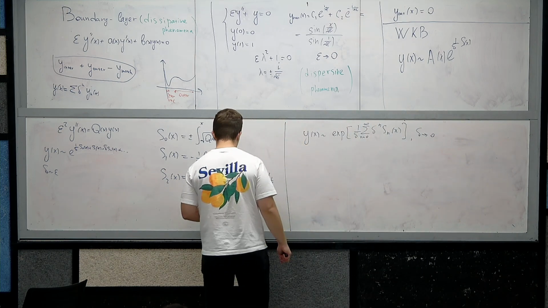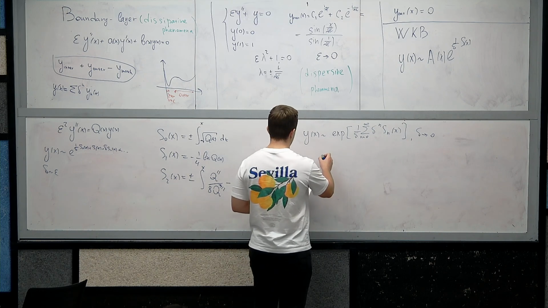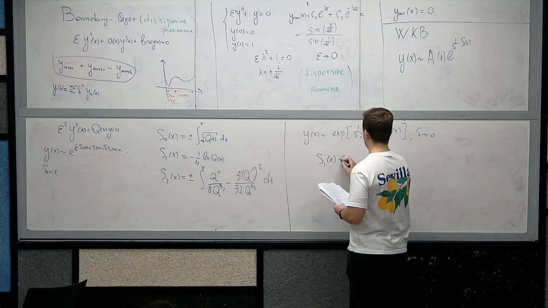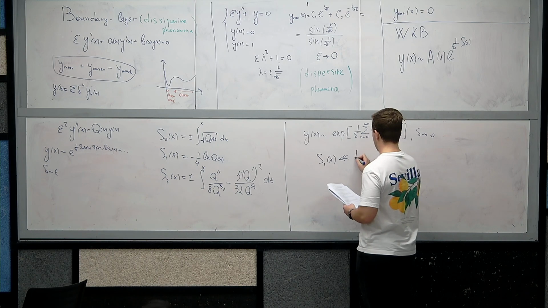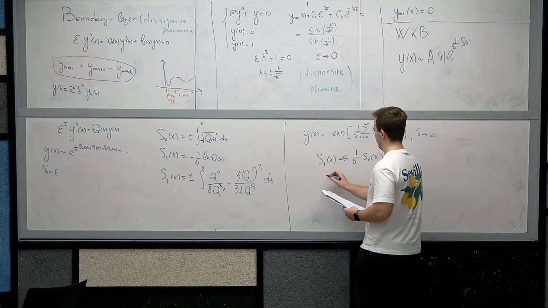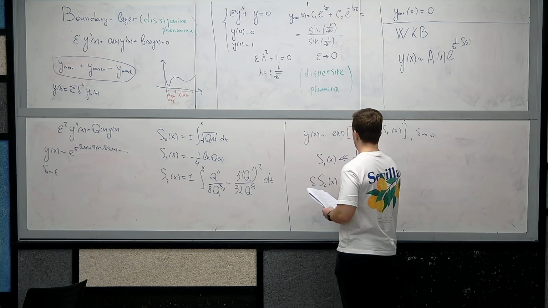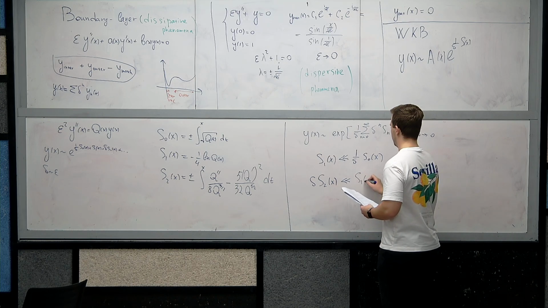Second of all, these terms should behave as follows. S1 has to be much smaller than 1 over delta times S naught. Delta S2 should be much smaller than S1.